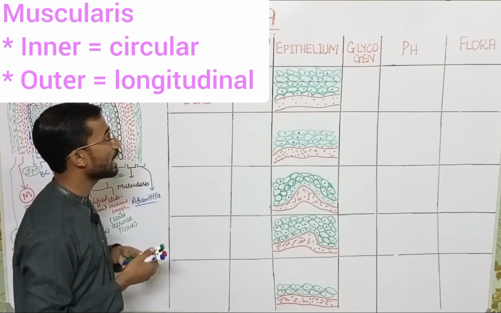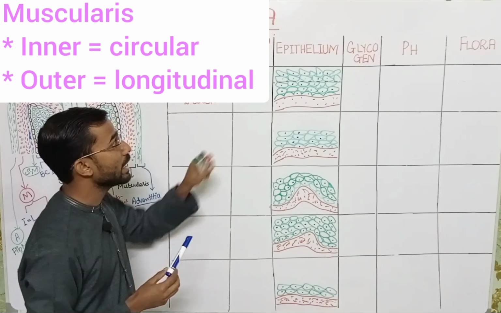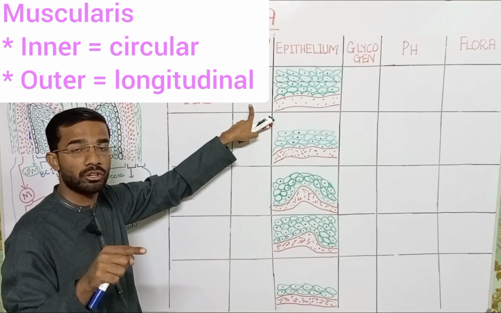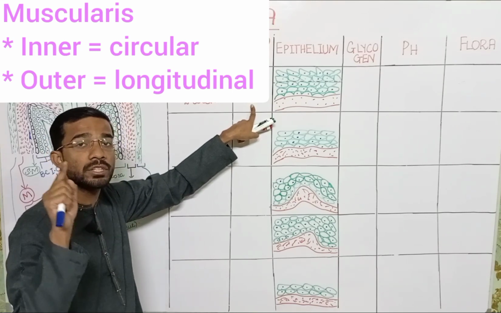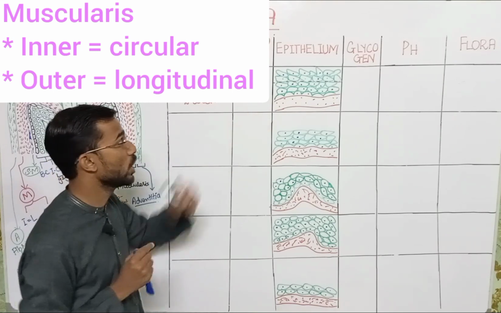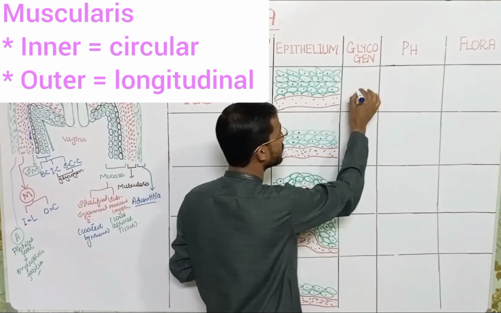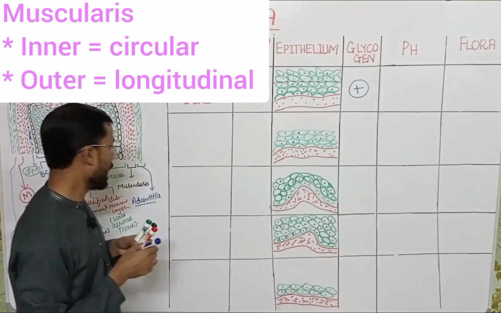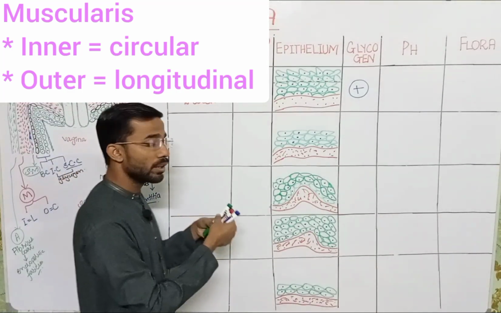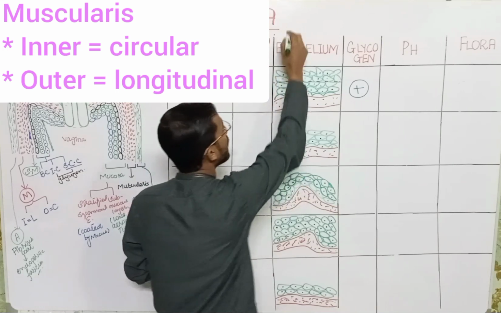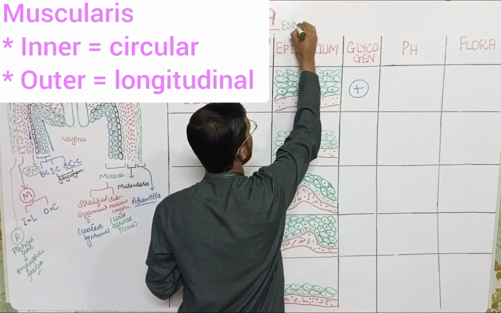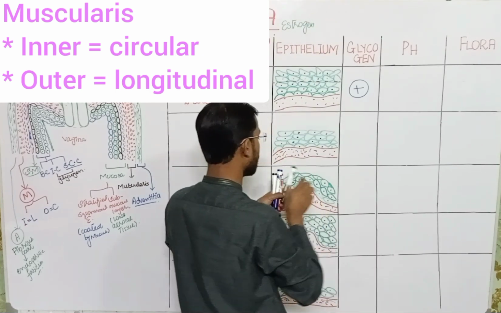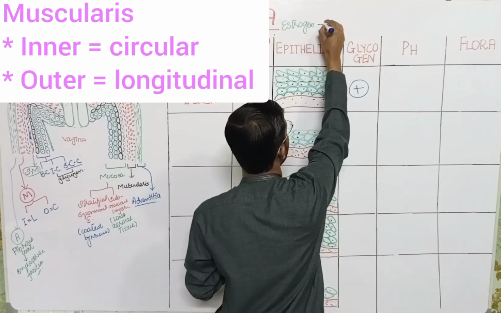And the estrogen influences the production of glycogen in the intermediate cell and the superficial cornified cell. So it means the glycogen starts producing. Estrogen influences the production of the glycogen.